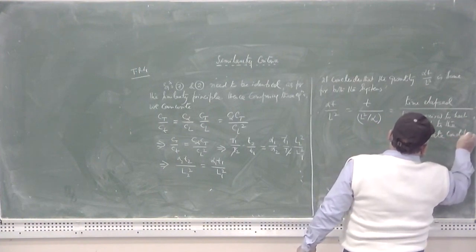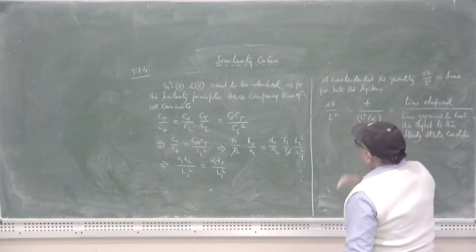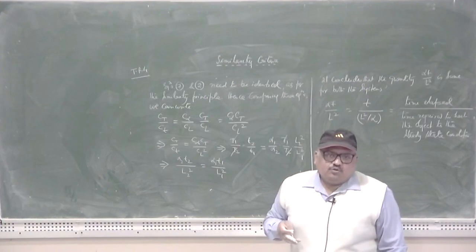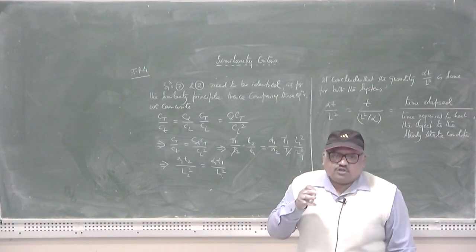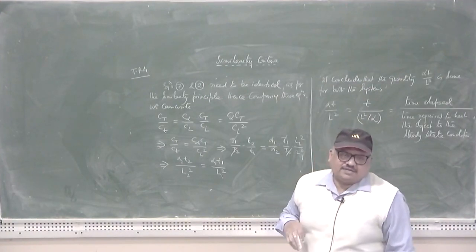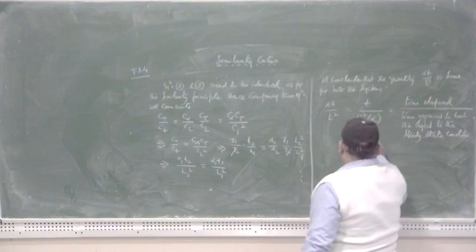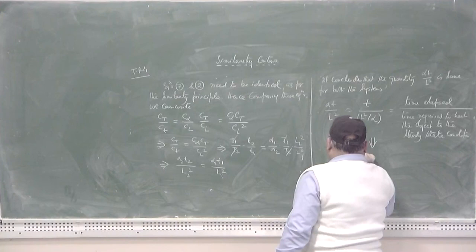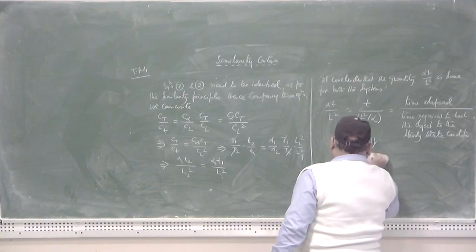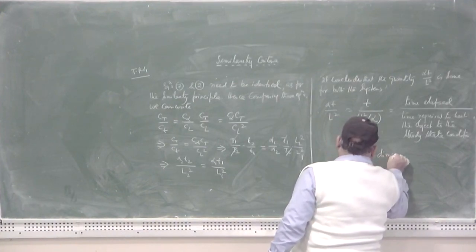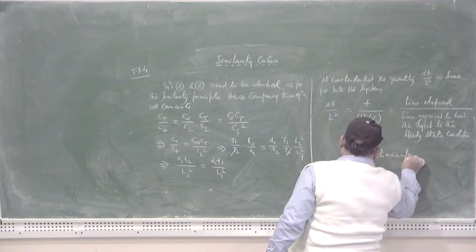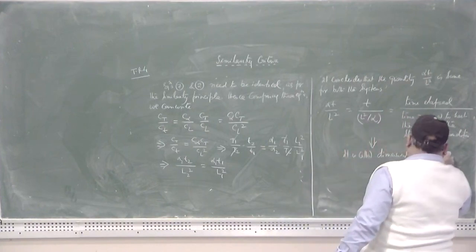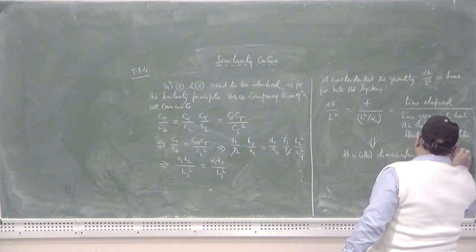Because this quantity corresponds to the ratio of two similar things, that is time, it is called dimensionless time, or it is also called the Fourier number.